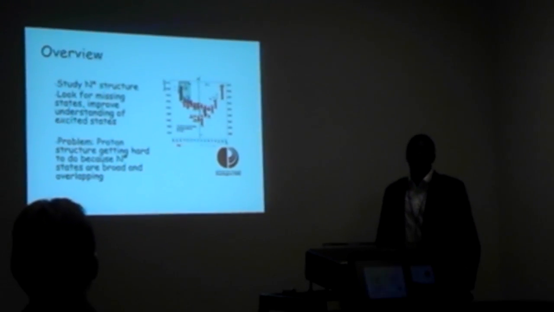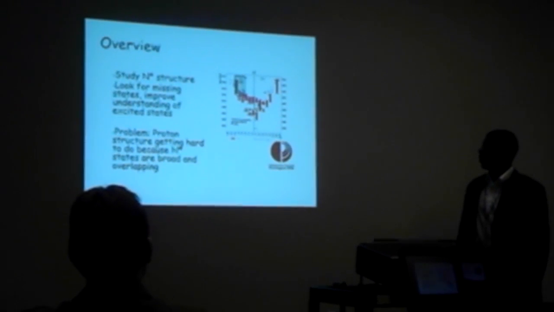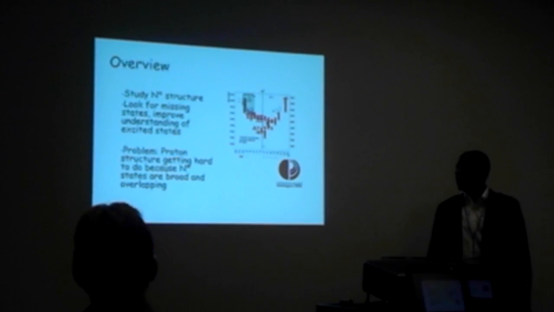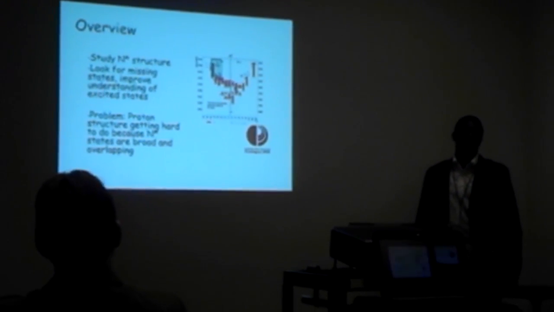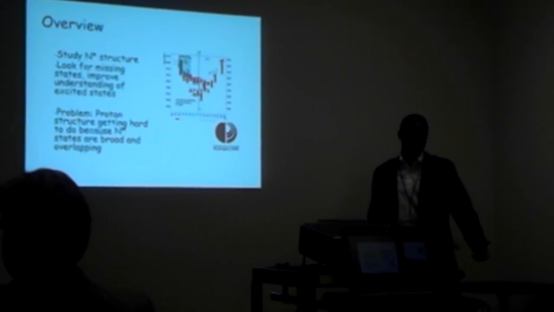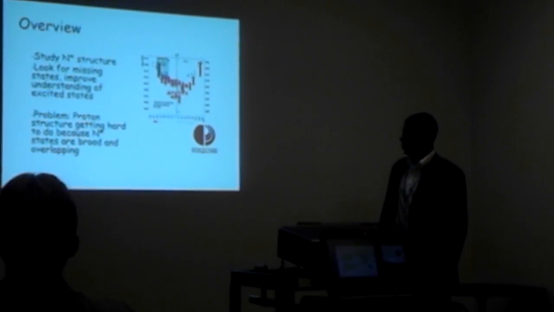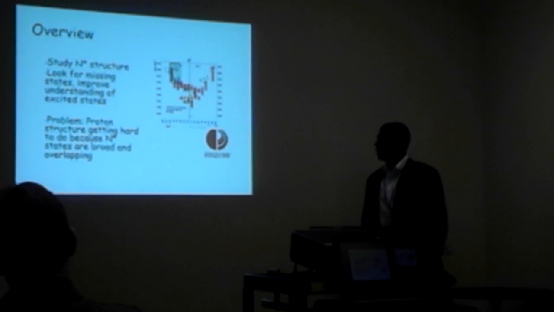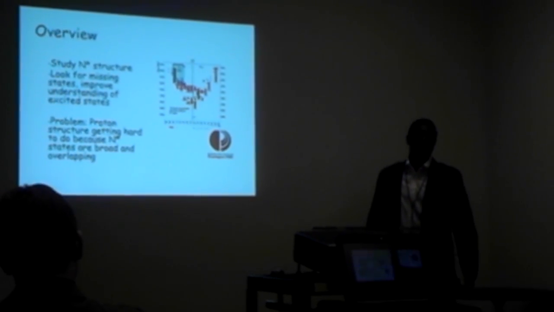So pretty much to give you an overview of what's going on, the main objective is to study the nucleon structure, mainly to understand the characteristic properties of protons. Our objective is to look for the missing states to improve the understanding of the excited states.